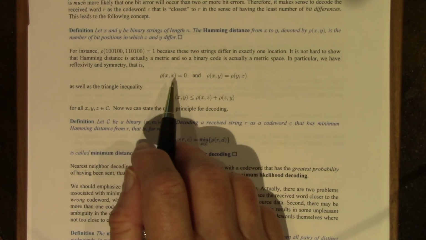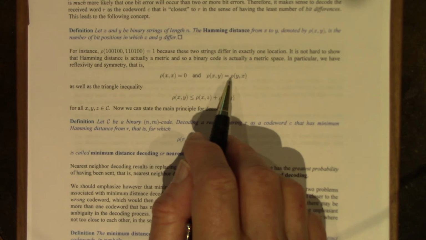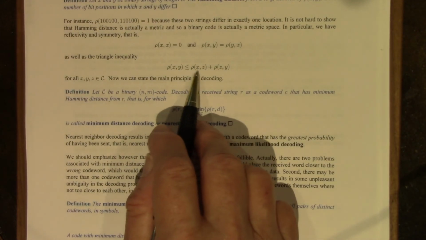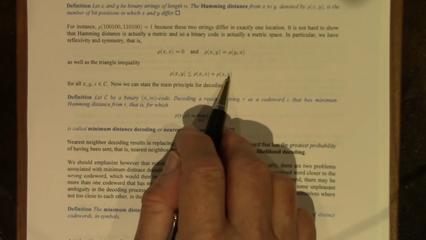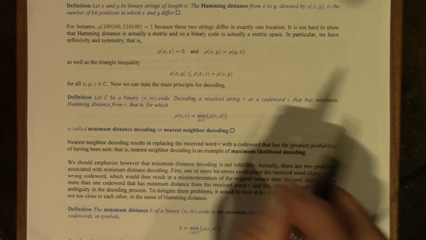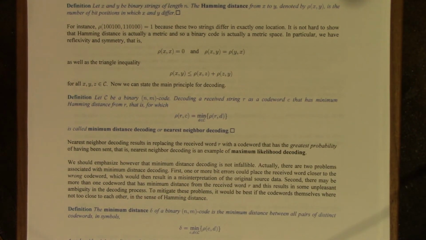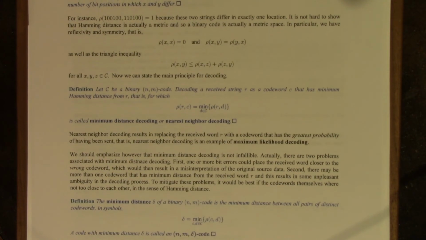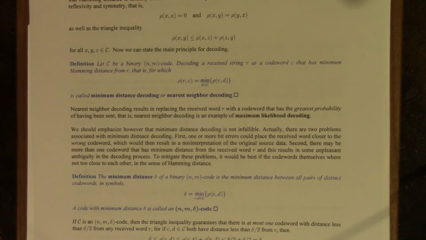In particular, we have reflexivity, symmetry, and the triangle inequality, which I'll let you prove if you're interested. So taking advantage of this metric structure, we can now state the main principle for decoding.